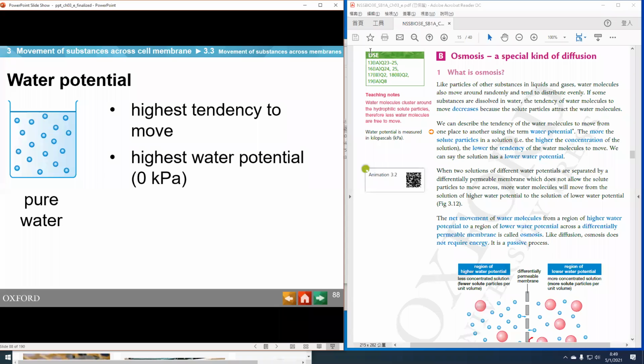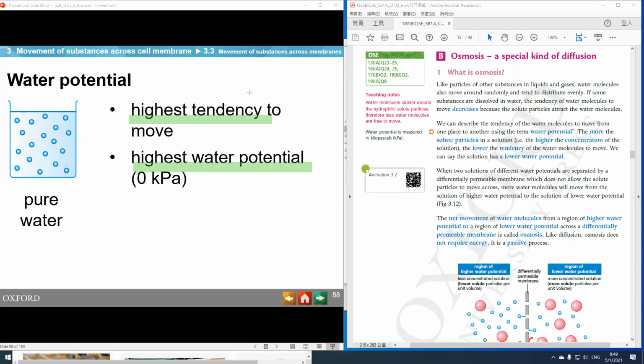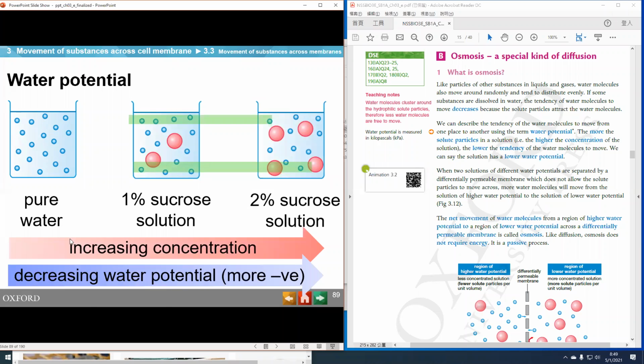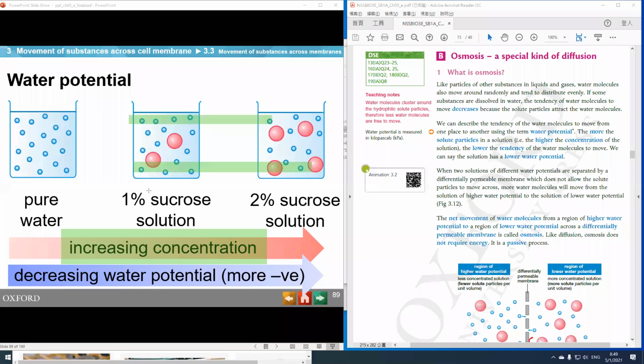Water potential means the tendency to move. Pure water has the highest tendency, the highest water potential. When you increase concentration, when you add more sucrose, that is some kind of sugar, 蔗糖嚟嘅, then you are decreasing the water potential.